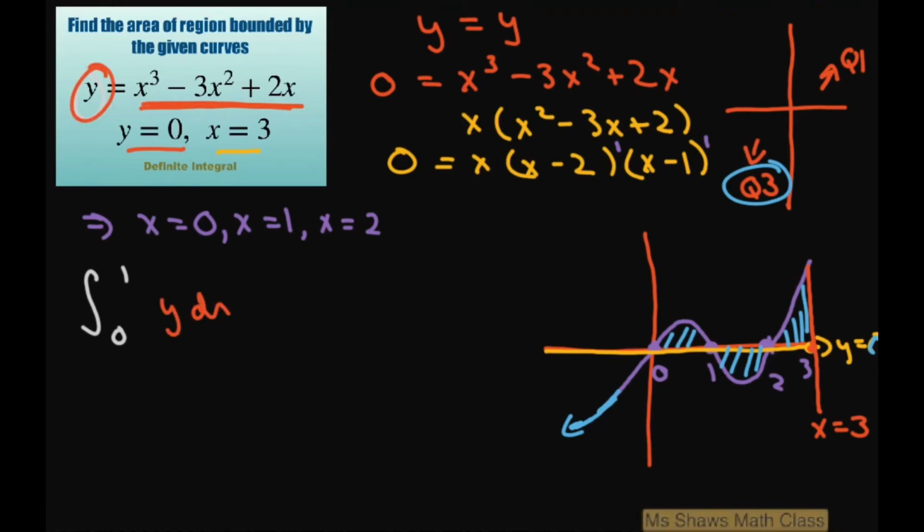Then since this one is below the x-axis, this shaded area here, you put minus. So that's minus the integral from 1 to 2 of y dx. And then this third area is above the x-axis, so that's plus the integral from 2 to 3 of y dx.